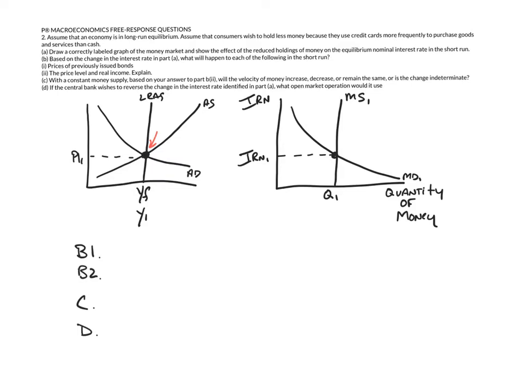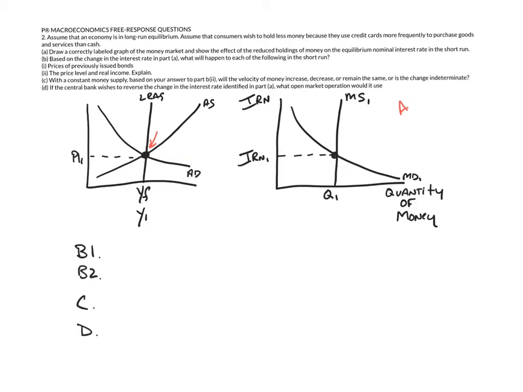Okay? So the next thing it asks you in A, and we'll put this as A, it says draw a correctly labeled graph of the money market and show the effect of the reduced holdings of money on the equilibrium nominal interest rate.